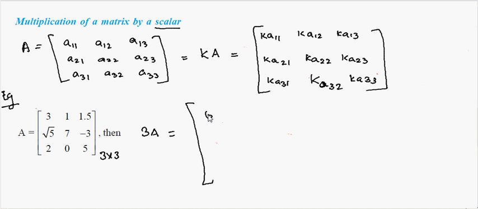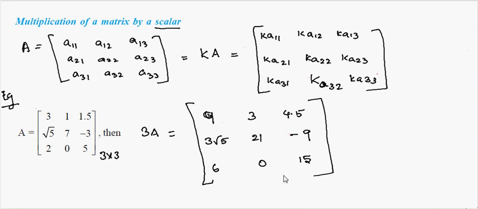So it will become 3 3s are 9, 3 1s are 3, 3 into 1.5 will be 4.5, 3 into root 5 will be 3 root 5, 3 7s are 21, 3 into minus 3 will be minus 9, 3 2s are 6, 3 zeros are 0, 3 5s are 15. So this is nothing but 3A. I hope you are clear with multiplication of a matrix by a scalar.